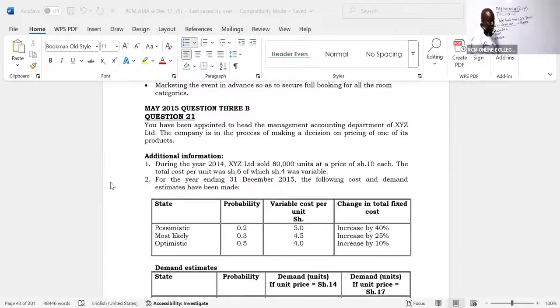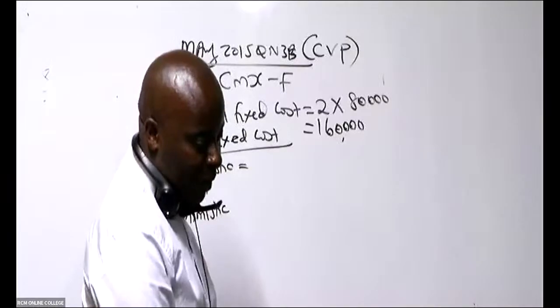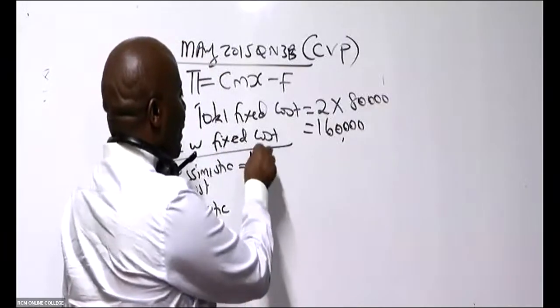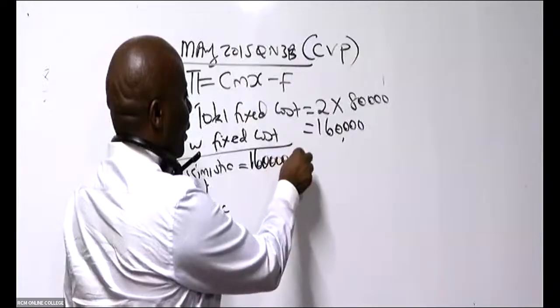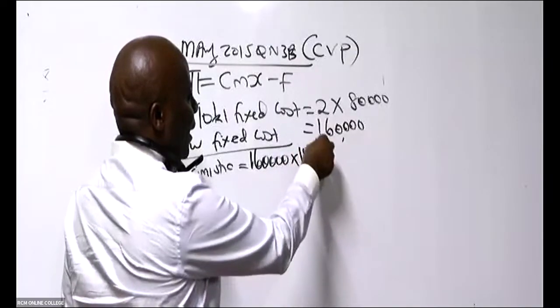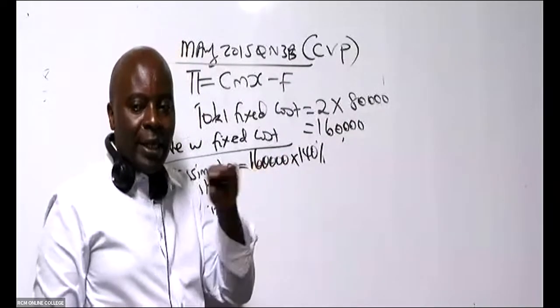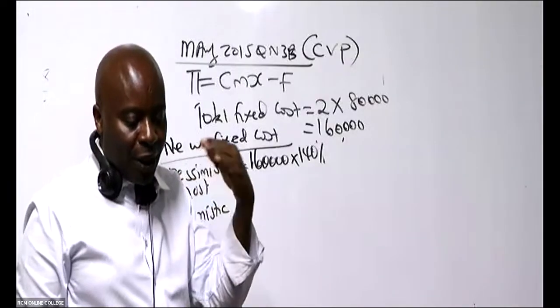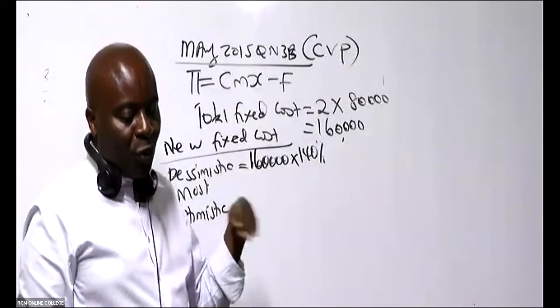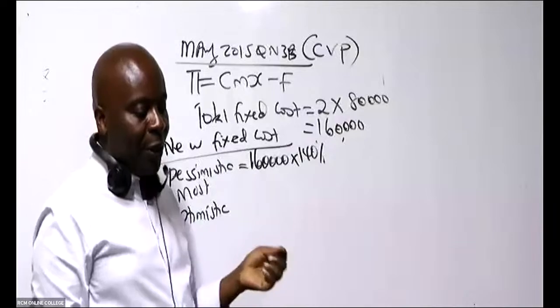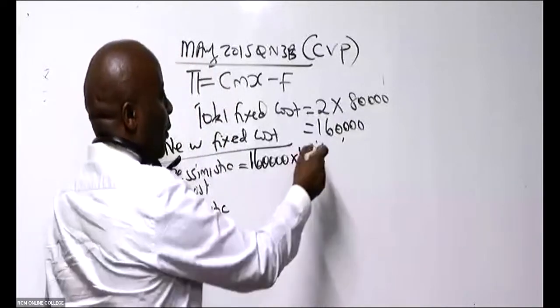What have they told us about pessimistic? That the fixed cost will increase by 40%. So that one will be 160,000 times 140%, because normally it's 100. If it increases by 40%, you multiply with 1.4, which is 224,000.